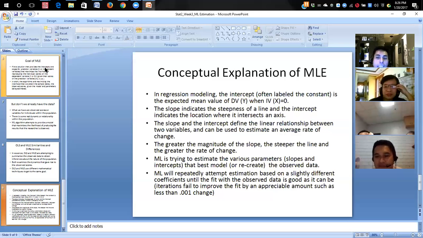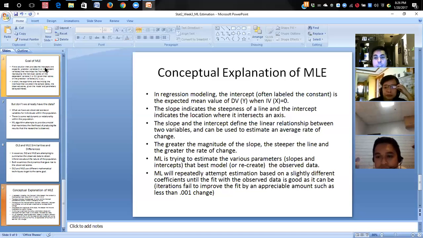So what happens here is that in regression modeling, the intercept is the expected mean value. So that's mean score, because it's parametric again. So mean value of, for example, your NCEE score when your IQ is equivalent to 0.